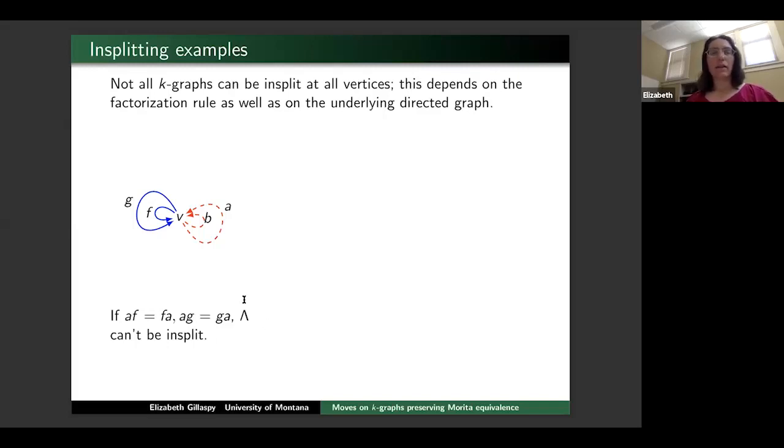I didn't quite tell you enough information here, but now we also need to know what happens if we look at the blue-red path G and then B. That's going to be equivalent to some red-blue path. I've already talked about the red-blue paths that started with A, so it's going to have to be equivalent to a B and then something.